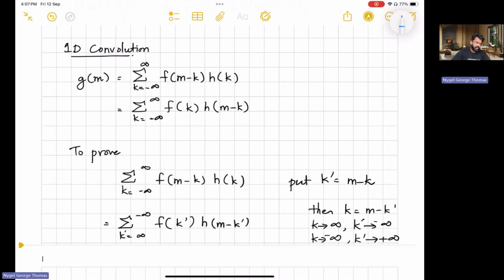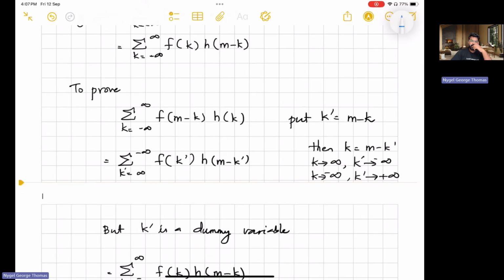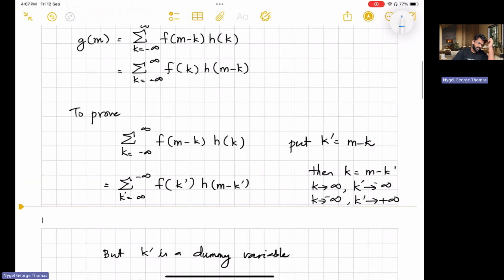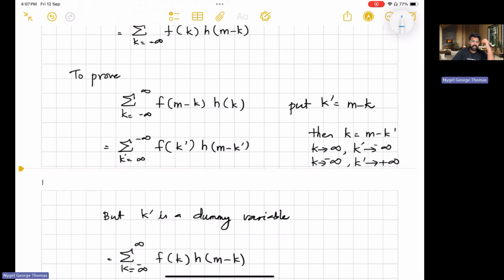It is f of m minus k, h of k, which is also the same as f of k into h of m minus k, since you can swap the functions. I've already discussed this in the last lecture: f convolved with h is the same as h convolved with f. This can be proved very easily by a change of variable formulation.